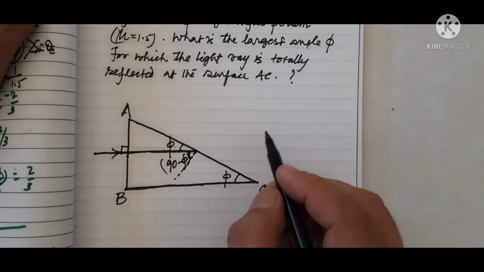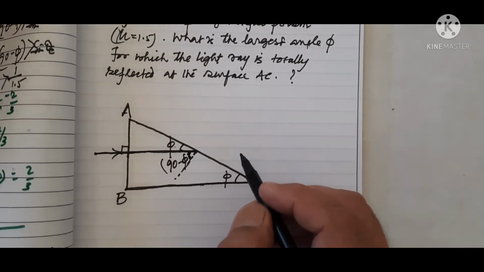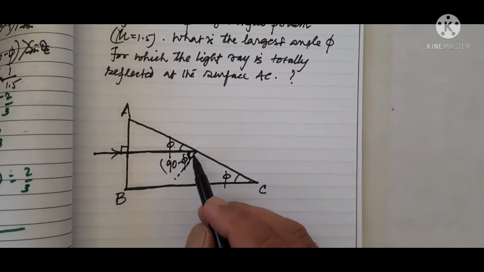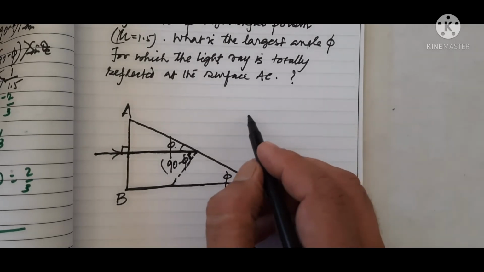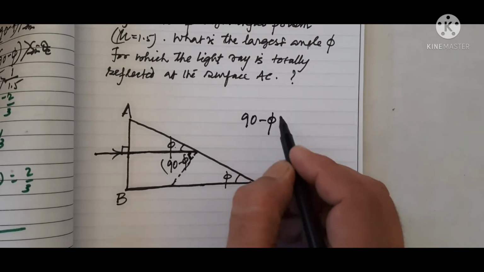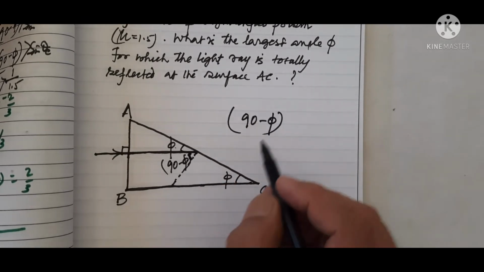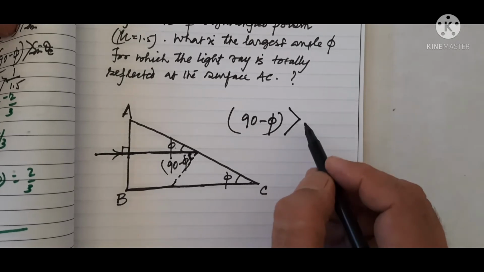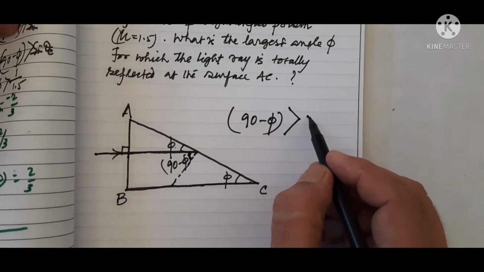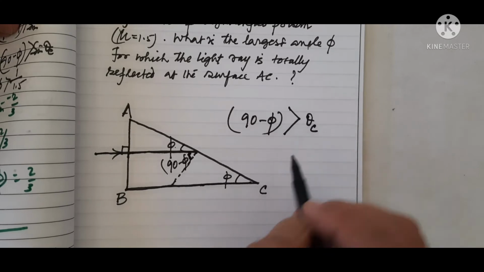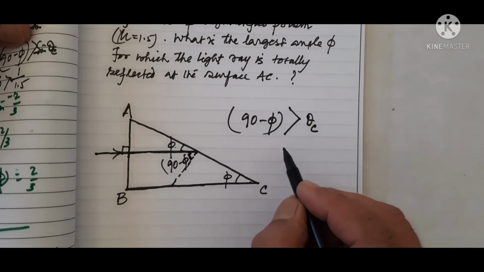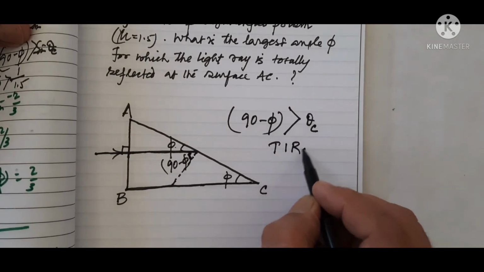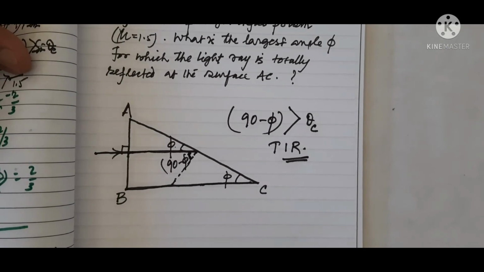Now what we have to do? Now in this particular case, this angle, that means we can say 90 minus phi. This 90 minus phi is the angle of incidence for this face AC, and it should be greater than the critical angle, say theta C. If it is greater, then only total internal reflection occurs, right?